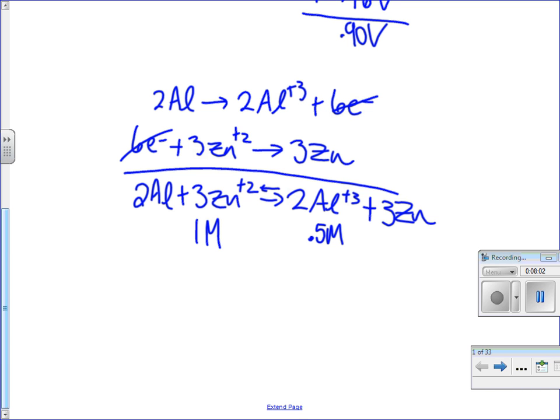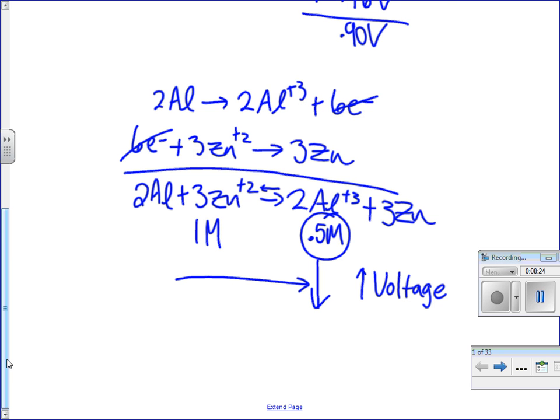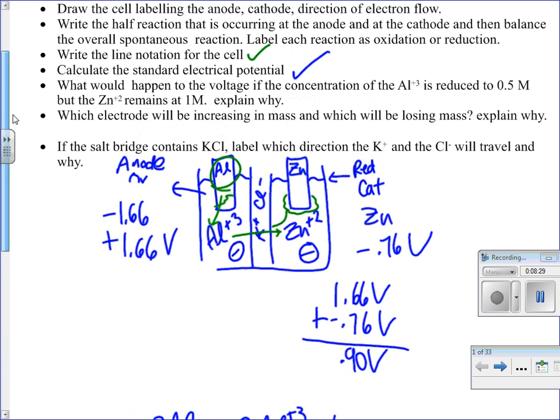It's called Le Chatelier's principle. Kind of like when you take an egg from a chicken. If you take the egg, it'll lay another one. So I've removed some aluminum, so the reaction will shift to create more of that aluminum ion. And anytime you go towards product, you increase your voltage. So for this question, I would have a higher voltage than the 0.9 volts because of that shift.